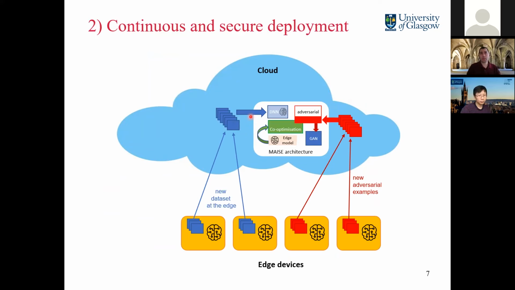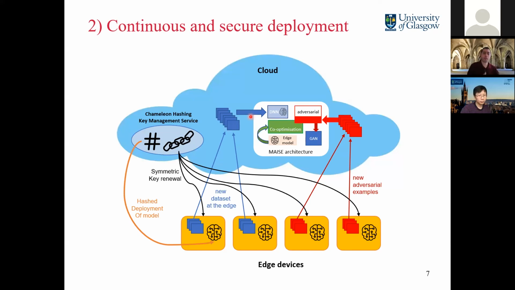Once we send this information to the cloud, the model needs to come back to the edge, and this back and forth process needs to be secure. For achieving such security, we want to leverage our previous experience with chameleon hashing and also key management service, and in the end, provide a secure and robust deployment at the edge. So this is basically the structure of the project.